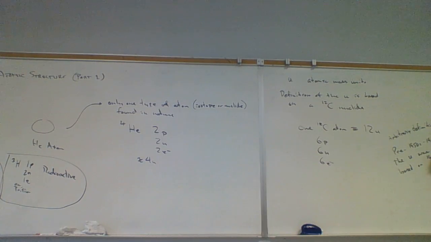Oxygen-16 is the most common type of atom in oxygen. And so in the 1950s and 1960s, what they said is this: one oxygen-16 weighs exactly, what do you think they arbitrarily defined that to weigh? 16 U.